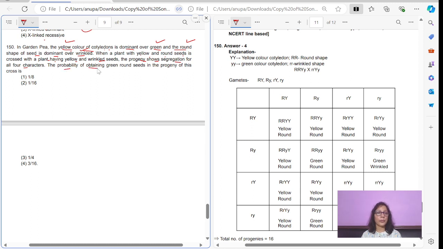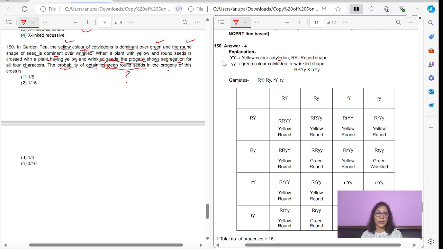We have to find out the probability of obtaining green round seeds in the progeny of this cross. Here it is written that yellow color cotyledon is dominant, so we will represent it with capital Y, whereas round shape is dominant, so it will be represented by capital R. The green color is recessive, so it will be represented by small y, and wrinkle shape is recessive, so it will be represented by small r.